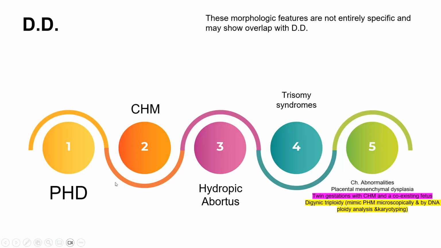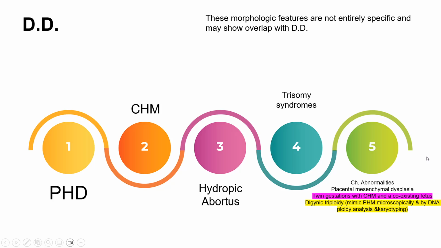The differential diagnosis includes the partial mole, the complete mole, the hydropic abortus, the trisomies, and twins. There is one more thing that I mentioned while talking about the complete mole. If you have a twin gestation with complete mole and a coexisting fetus, now I can tell you how we are going to differentiate using p57.